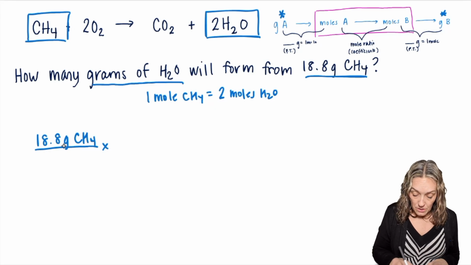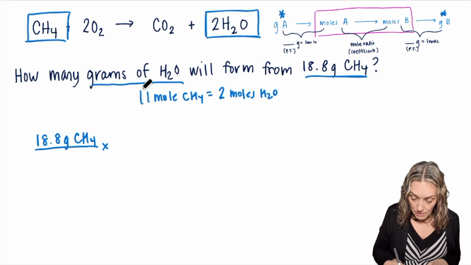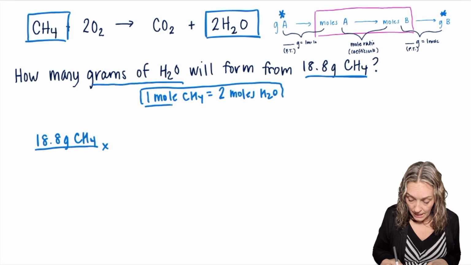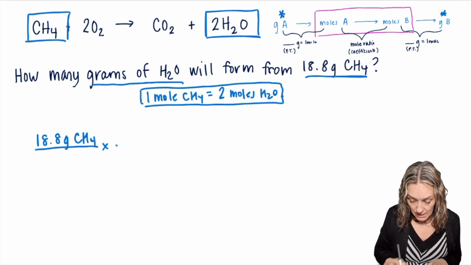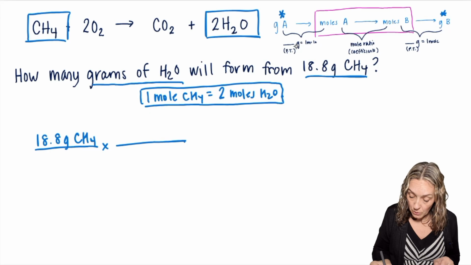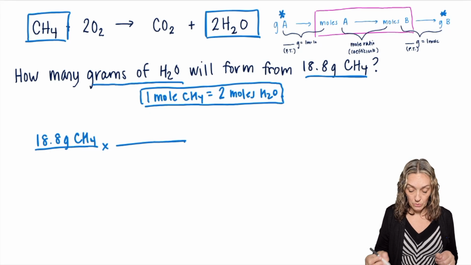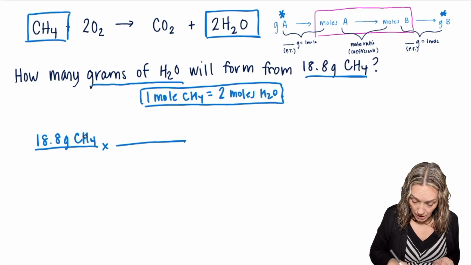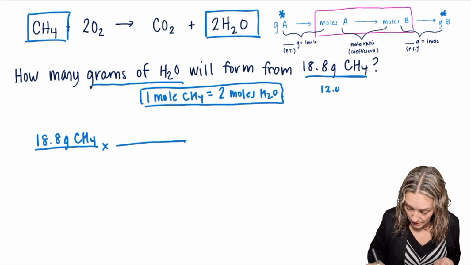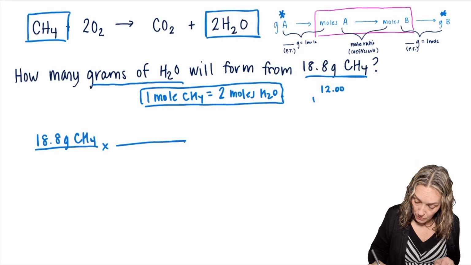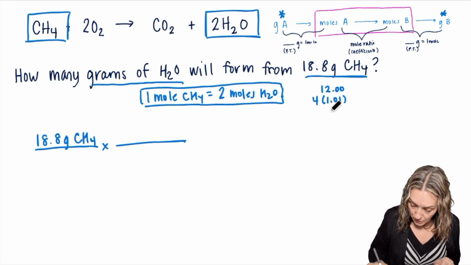All right, so if I am wanting to use the mole ratio that I've identified, I need to first change this into moles. I can do so by going to the periodic table and figuring out how many grams are equal to a mole. I'm going to add up 1 carbon, which is 12.00, and 4 hydrogens, which are 1.01 each.